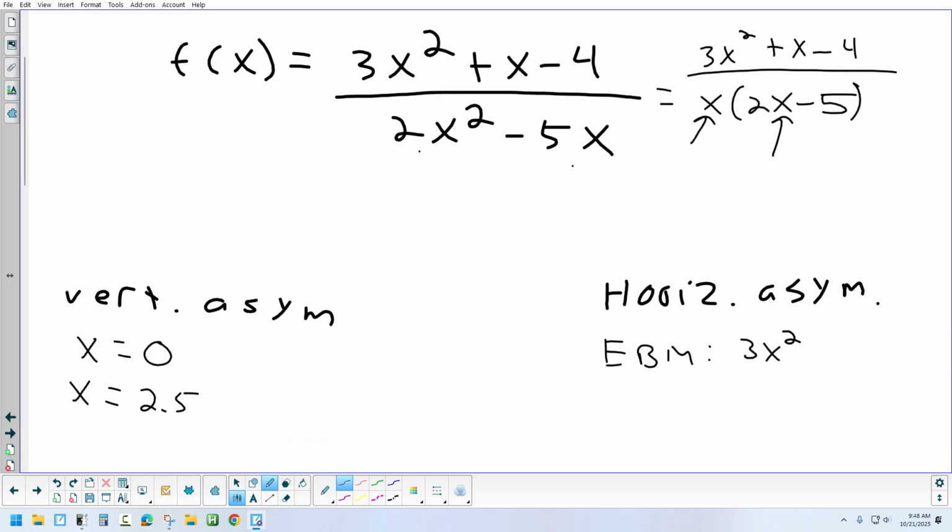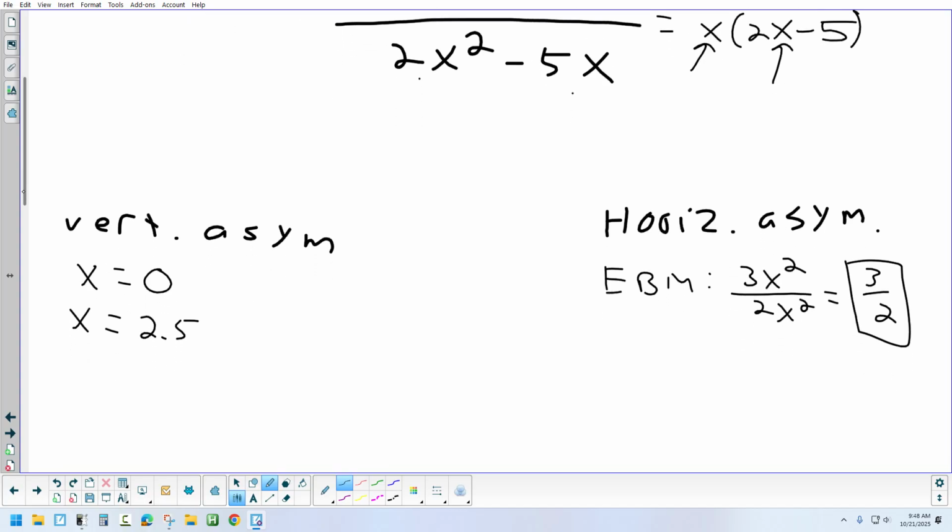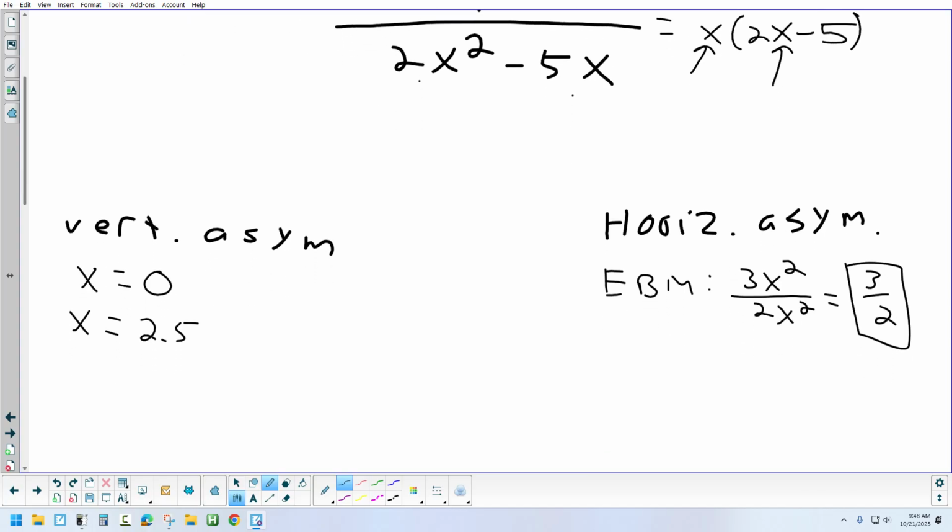And if you simplify 3x squared over 2x squared, what do you get? 3 over 2. Now, looking at the EBM, let x approach infinity and tell me what happens to the fraction. 3 over 2, it stays the same. So this is going to look just like the other graph. Same curve in the middle and the same two pieces, except your horizontal is going to be up at 3/2, or 1.5.